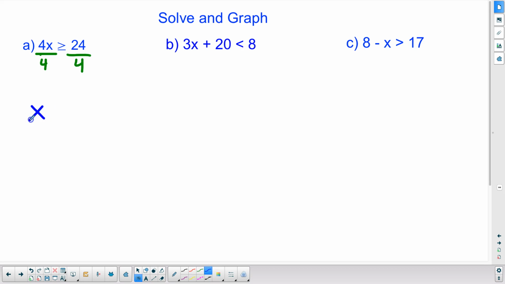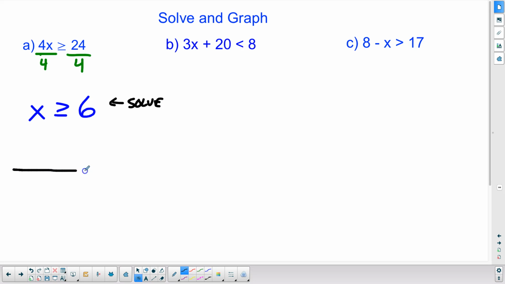So that stays x is greater than or equal to 24 divided by 4 is 6. So I got x is greater than or equal to 6. Everybody agree with that? Okay. That is the solve part.